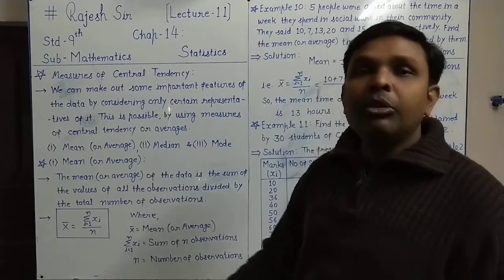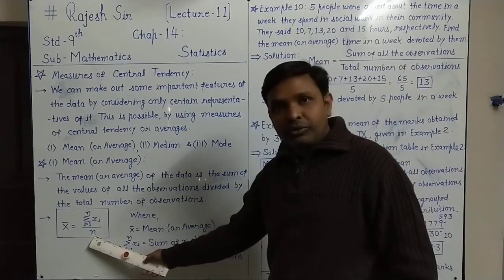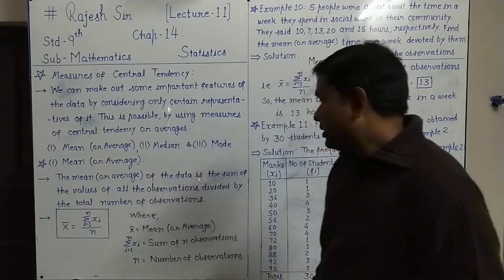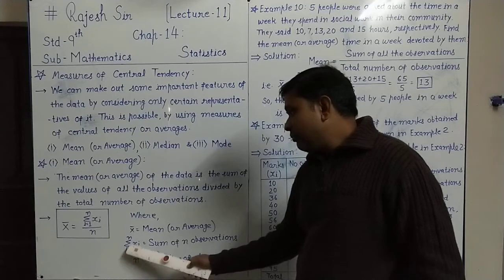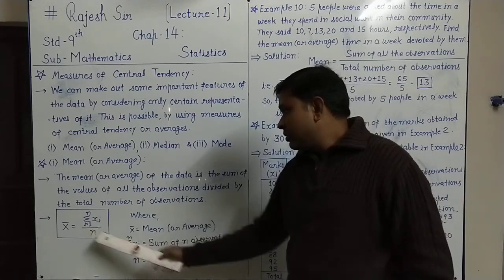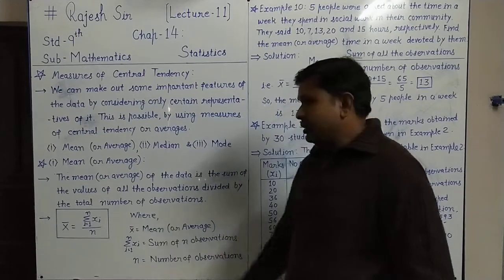Upon n means total number of observations. Here x bar is mean or average, sigma i running from 1 to n xi shows the sum of n observations, and n shows the number of observations.